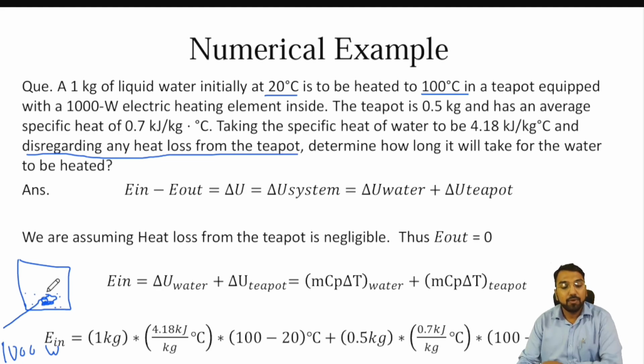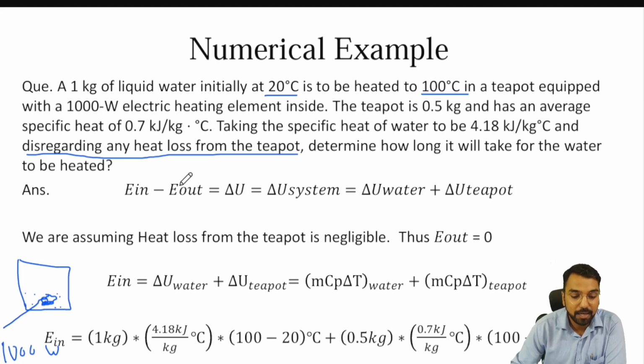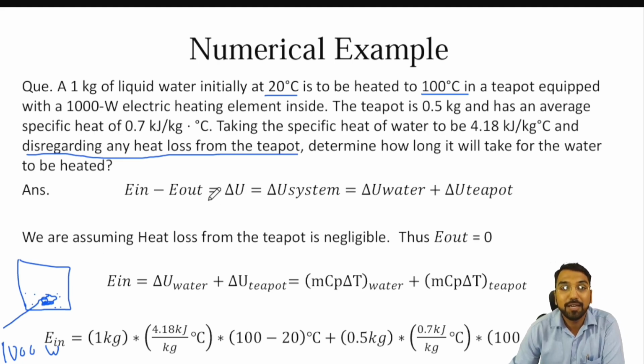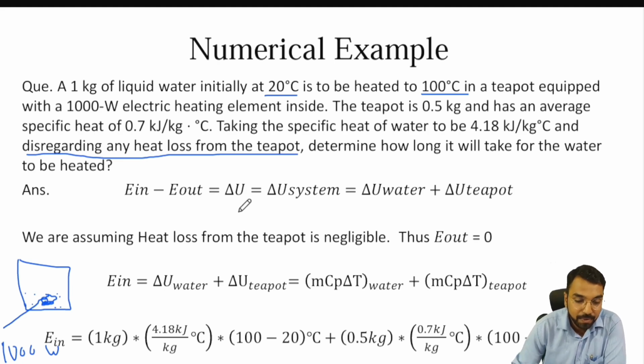So in total, energy in minus energy out is equal to the total internal energy change. The total internal energy change of this system consists of water and teapot. The water has some specific heat and the teapot also has some specific heat. We are neglecting the heat losses from the teapot, as said in the example.